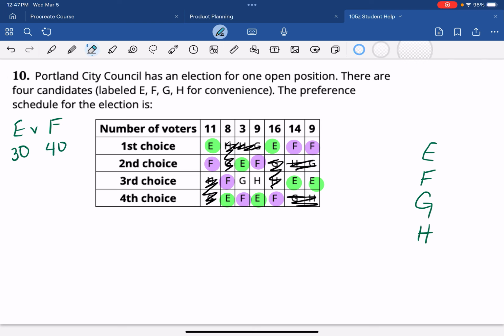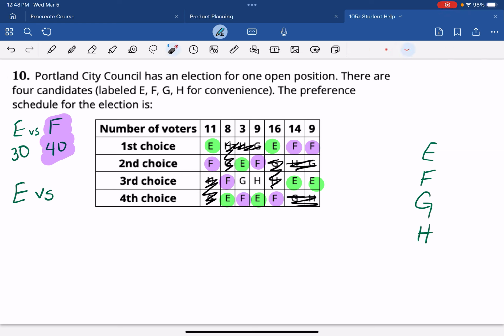So in this comparison, if the voters only had the choice between E and F, then the voters would prefer F as the winning candidate. We need to do this for all of the options.